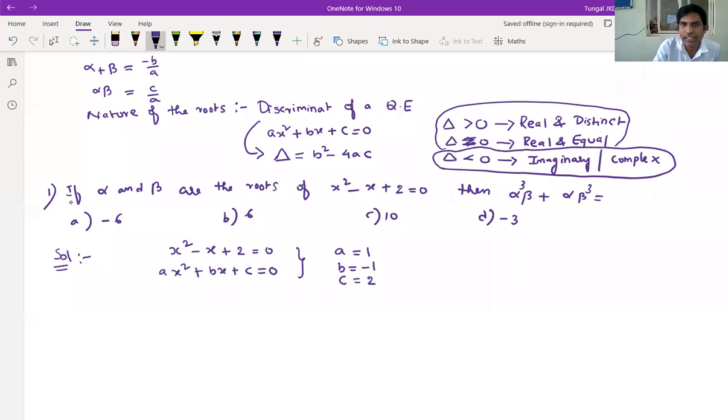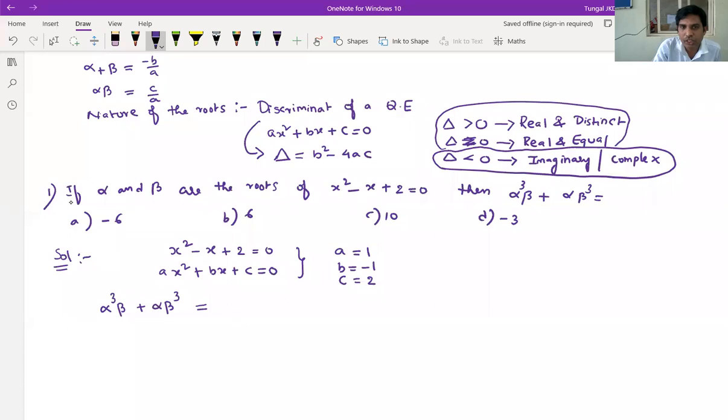First you have to write like that, the a, b, c values. Then what we have to find? Alpha cube beta plus alpha beta cube. This one we have to find out, correct? What are alpha and beta here? Roots.